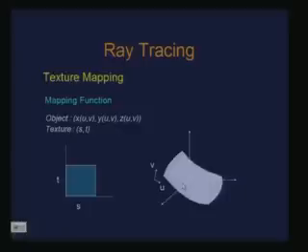So what I need to do is associate a point here to a point here, right? So in other words, I need to have what we call the texture coordinates S and T added to the coordinates of this point on the surface, right? So that's what we basically mean by texture mapping, right?